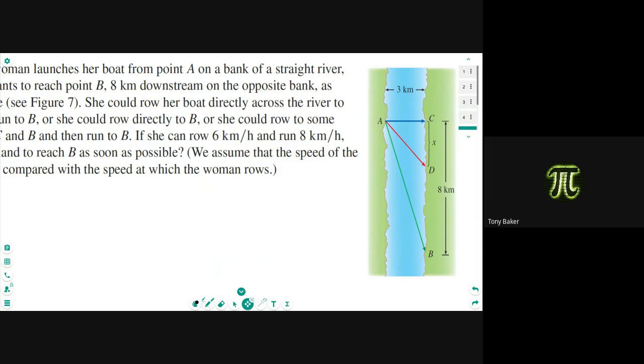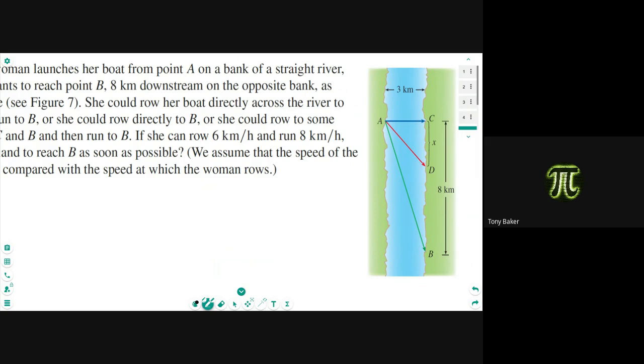So the key pieces were the 3 there and the 6 there, or the 8 there. Those are the key pieces of information that you really need on your picture. And then the question is, okay, which is going to be the fastest?